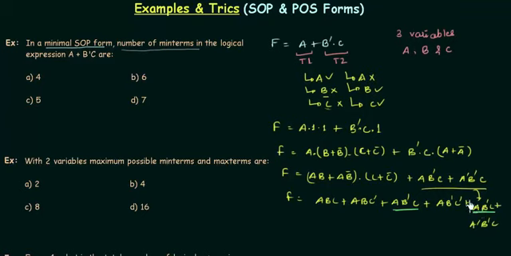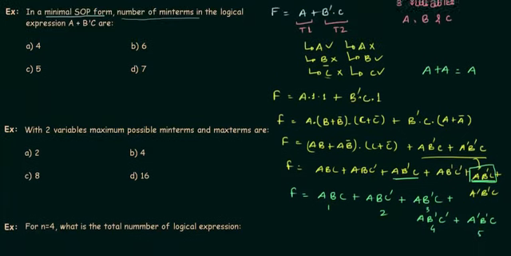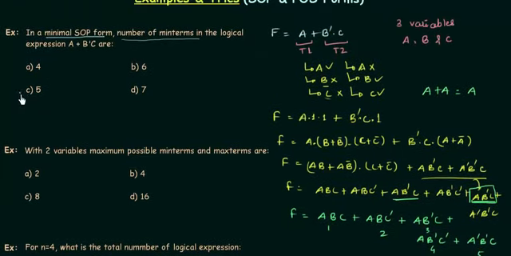So we will eliminate this A B complement C. There is no need to write it 2 times because you already know A or A is equal to A. So we are using this property of Boolean algebra, and finally we will have our canonical form as A B C or A B C complement or A B complement C or A B complement C complement, and finally A complement B complement C. So how many minterms are there? 1, 2, 3, 4, 5. So we have 5 minterms in the canonical form, and the answer is option number C.